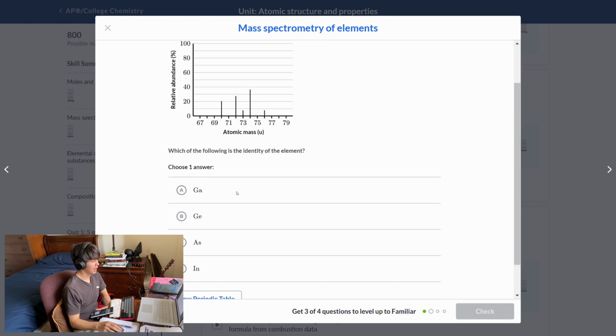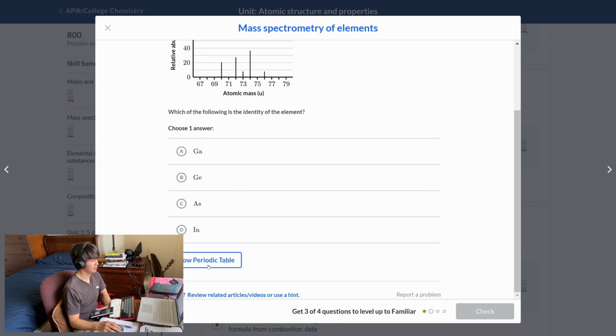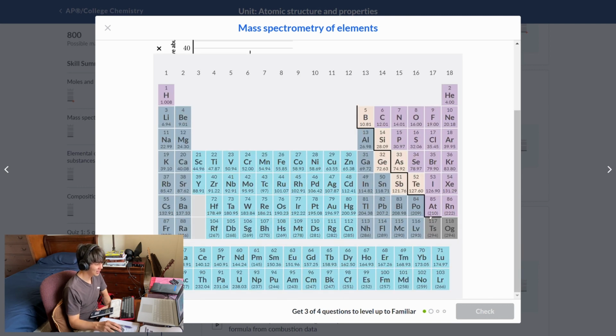So we have Ga, Ge, As, and In. Is it indium? Where is indium? It's not even there. So we have Ga, Ge, and As. Ga is 69.72, Ge is 72, As is 74.